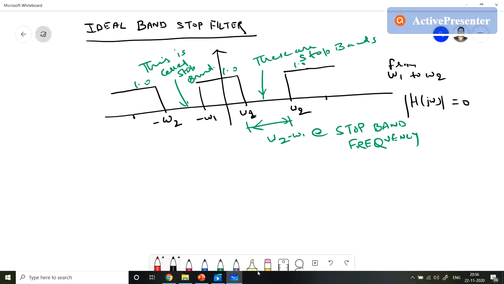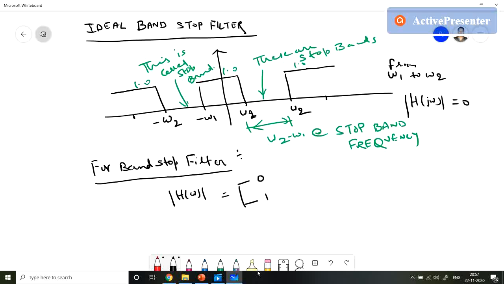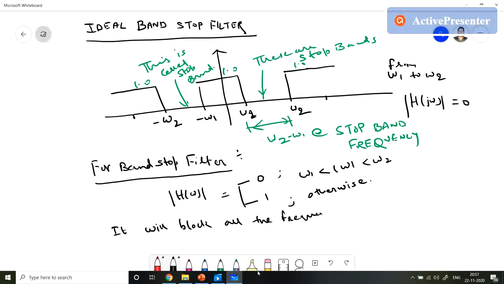So for the band stop filter, mathematically we can write it as: the modulus of H(omega) is equal to 0 when omega 1 is less than |omega| less than omega 2, and it is 1 otherwise.